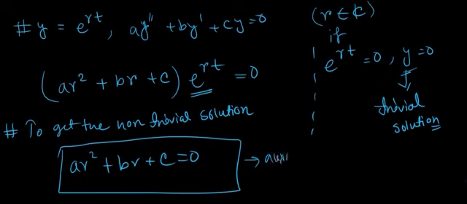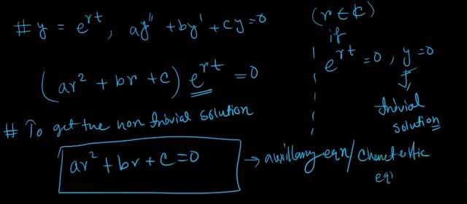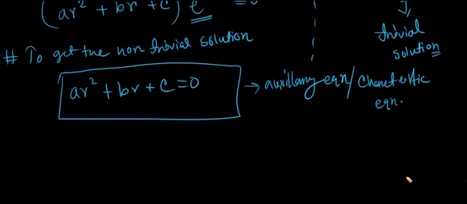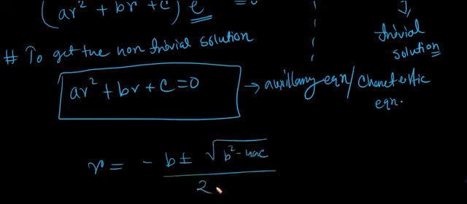I would like to call it the auxiliary equation, or you can also call it the characteristic equation. Now this is a second order equation, right? And we want to solve for r, and the solution is just minus b plus or minus the square root of b squared minus 4ac, divided by 2a.